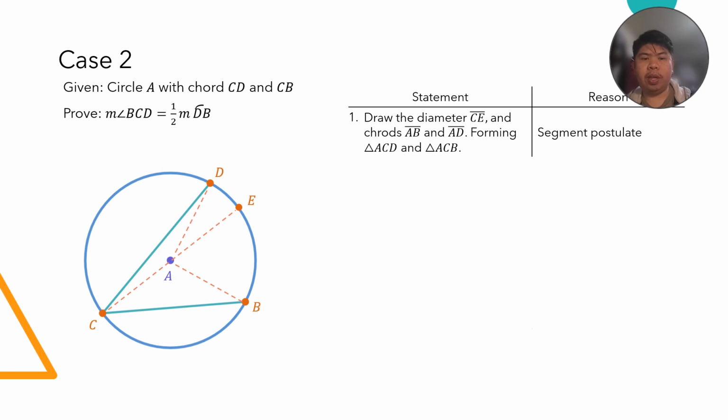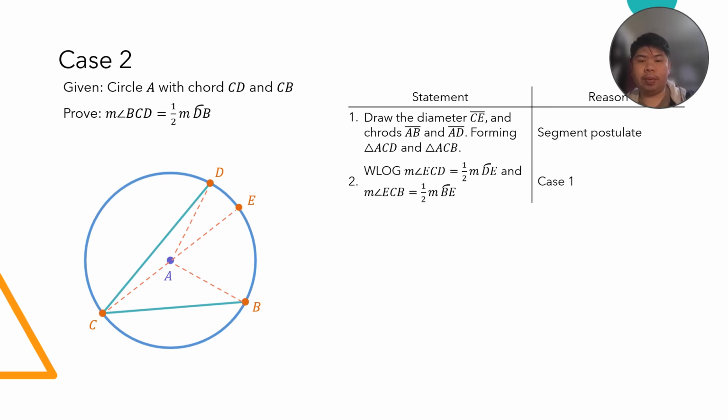So in my hint, what I actually did was draw the diameter CE and chords AB and AD, forming triangle ACD and triangle ACB. And we can do this using the segment postulate.